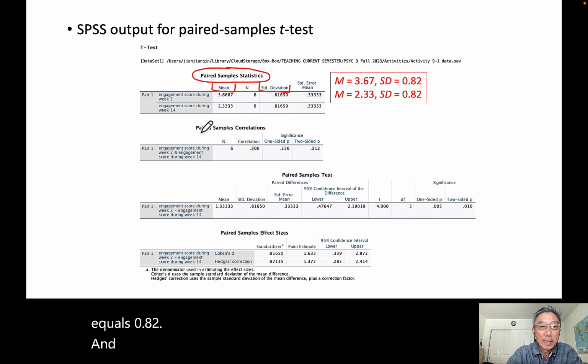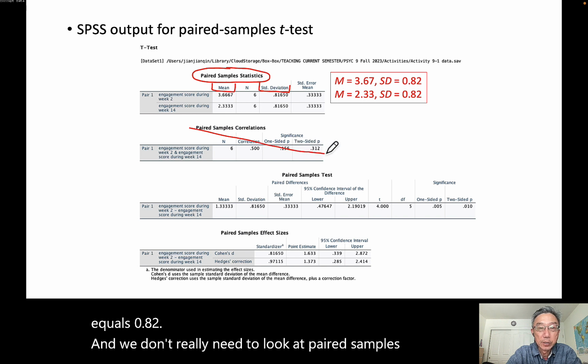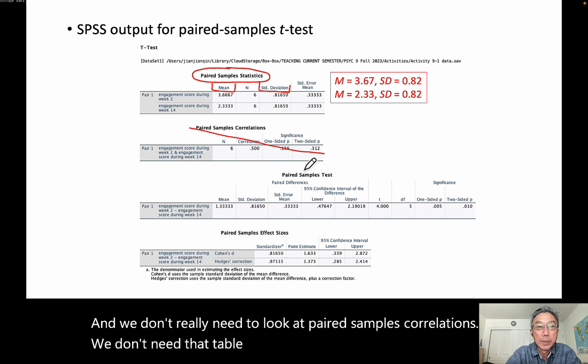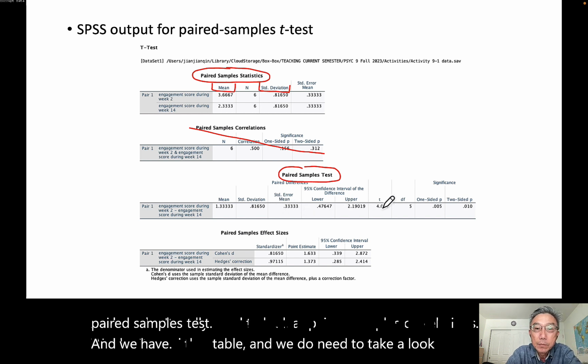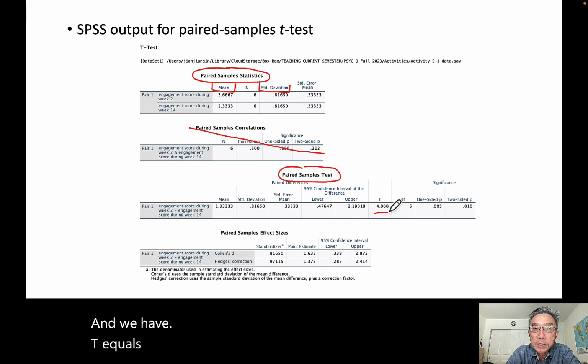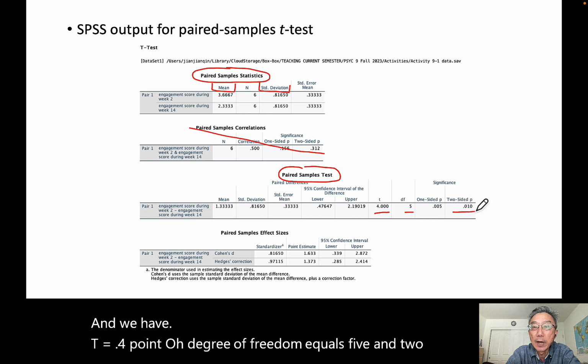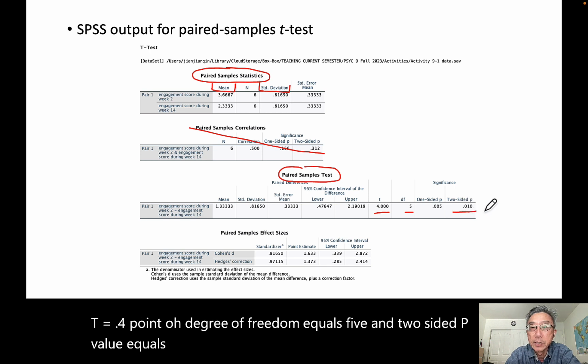We don't really need to look at the paired samples correlations table. We do need to take a look at the paired samples test. Here t equals 4.00, degrees of freedom equals 5, and the two-sided p-value equals 0.01.